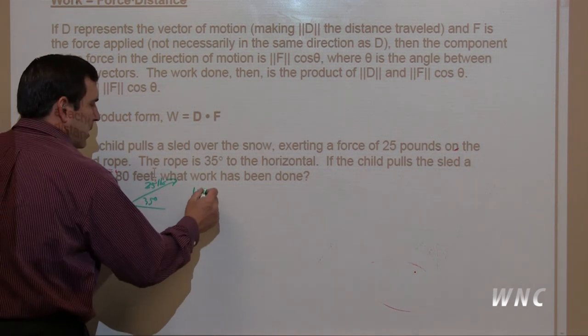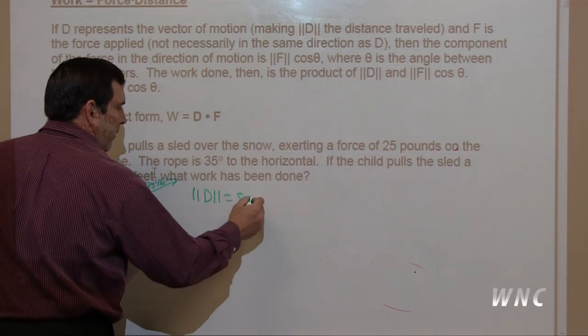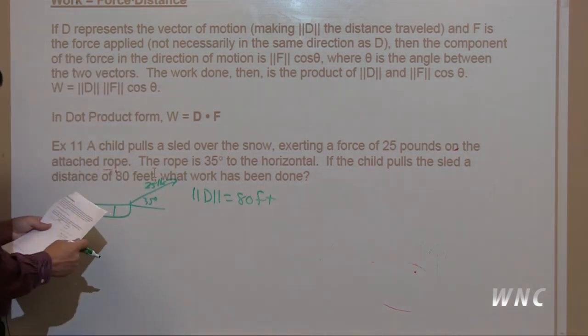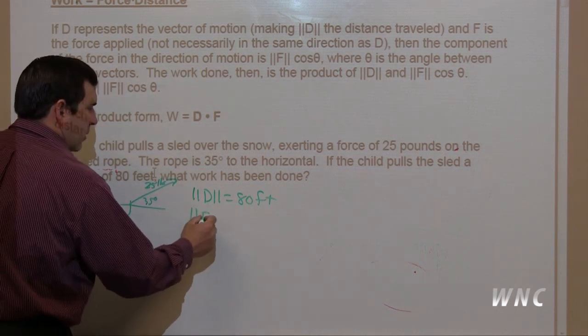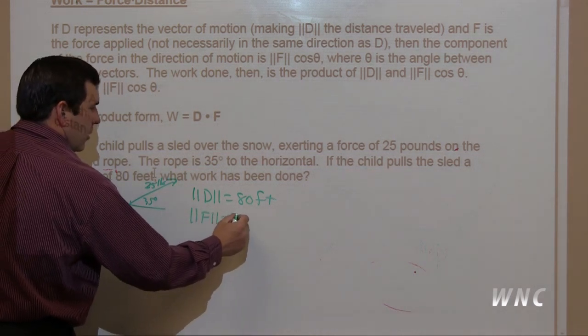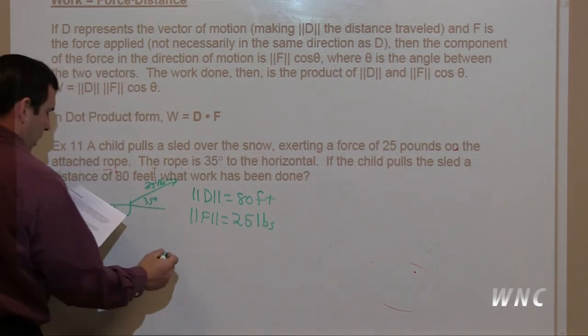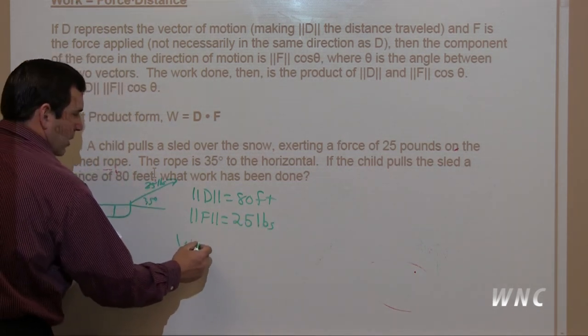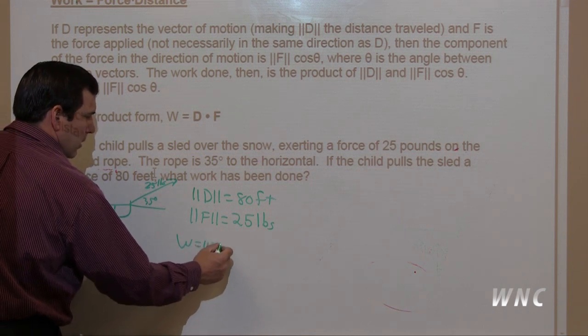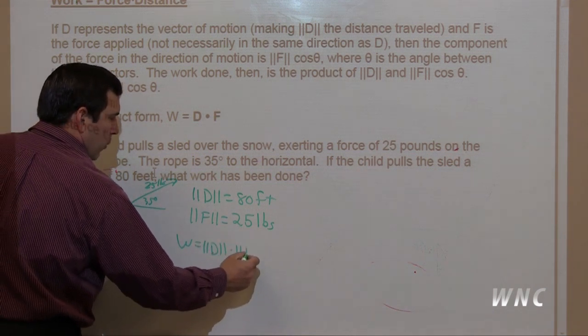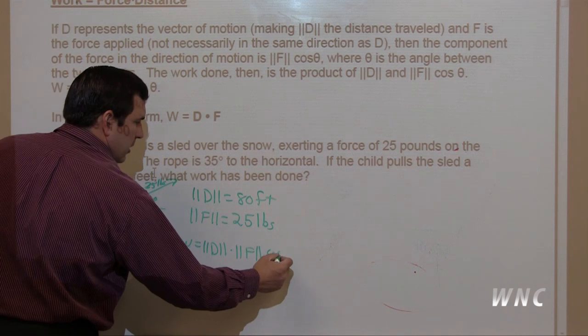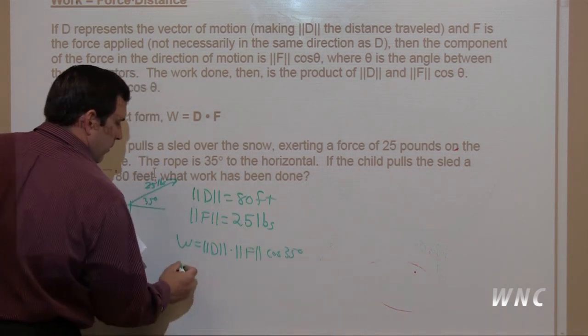Well, the magnitude of the distance is 80 feet. The magnitude of the force is 25 pounds. And our angle is 35 degrees. So the work is going to be the magnitude of distance times the magnitude of the force times cosine of 35 degrees.